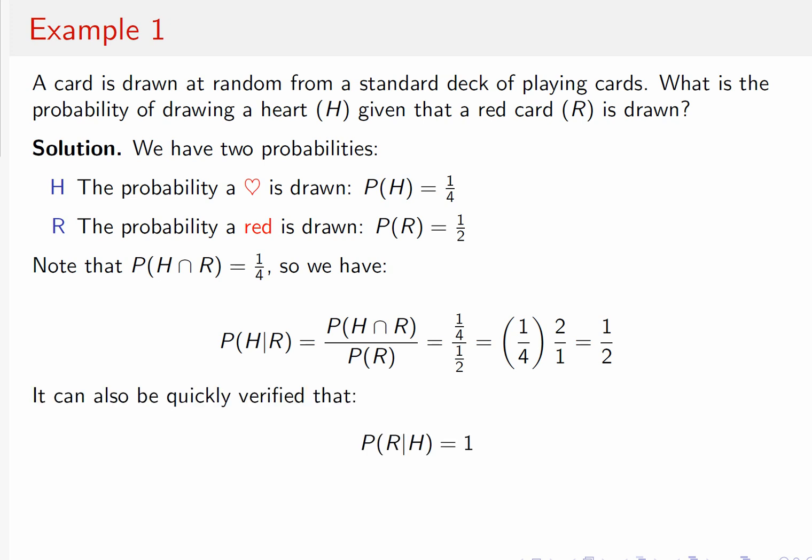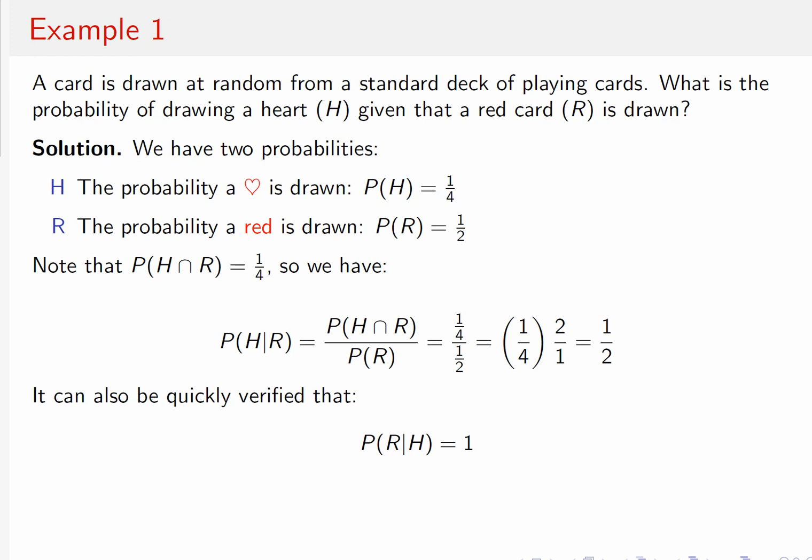Now the probability of red, given that it's a heart, is slightly different. After we've drawn a heart, we know all the hearts are red cards, so it's 100% a red card as soon as I know it's a heart. And again, that's different than the probability of red.